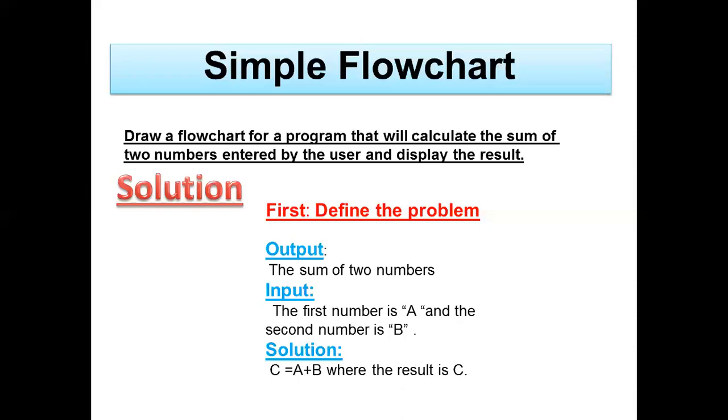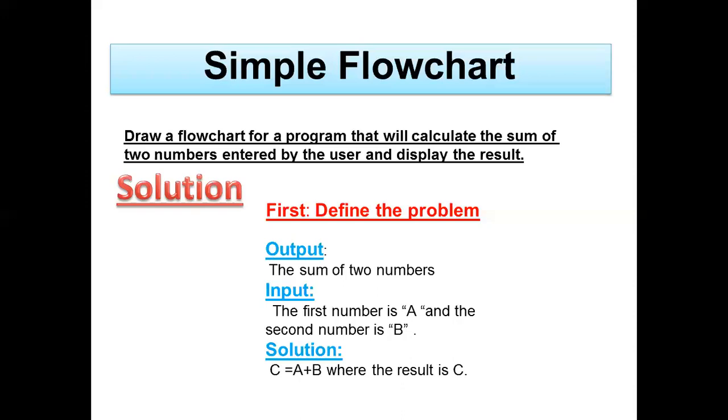All these are samples because they are variables. I don't know the accurate value of each number, but I give samples to represent the right steps to create the program. So my output is C. C equals A plus B, where the result is C.